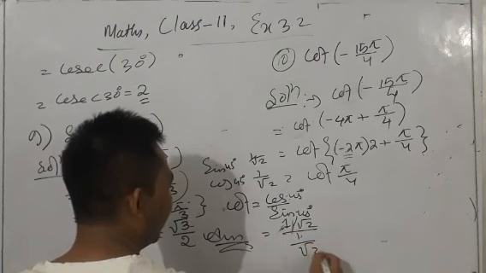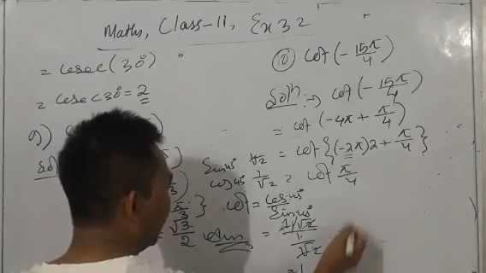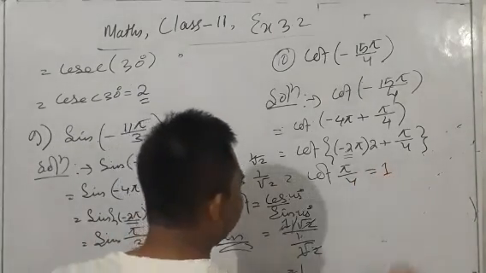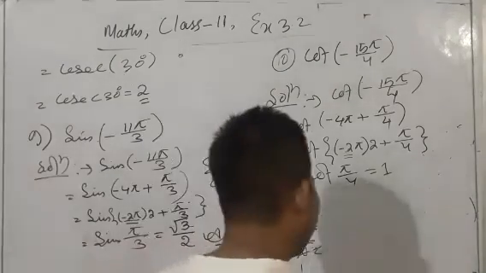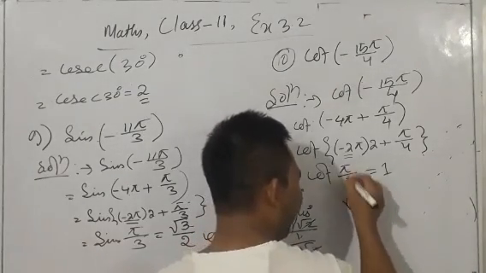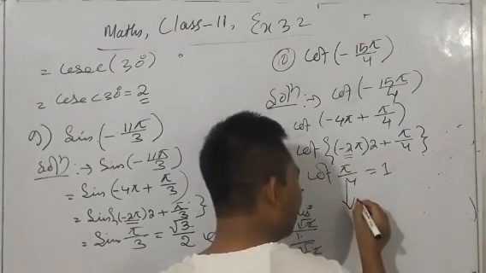Correct? This one and this one cancel, so 1 by 1, that is 1. So it gives equal to 1. That means pi by 4 is in radians. In degrees it will be 45 degrees.